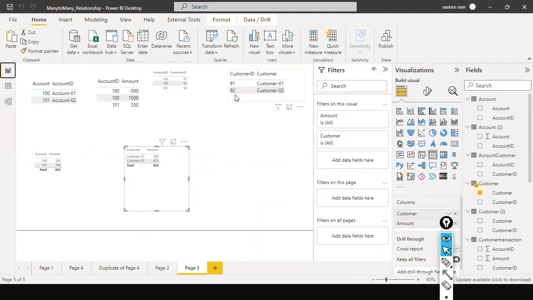92, this is a customer dimension. 92 is mapped with which accounts? To 100 and 101. So in this case, what happens? This 100 and 101 account is also held by this customer. See, the joint holders of account ID 100 are 91 and 92.